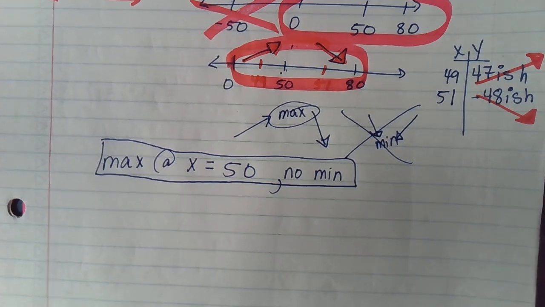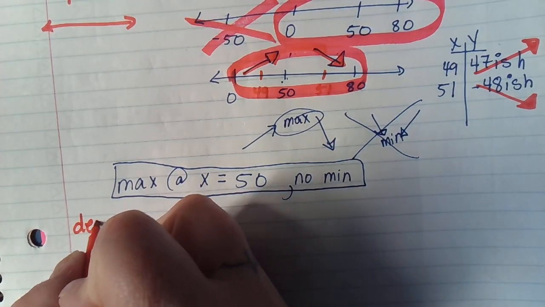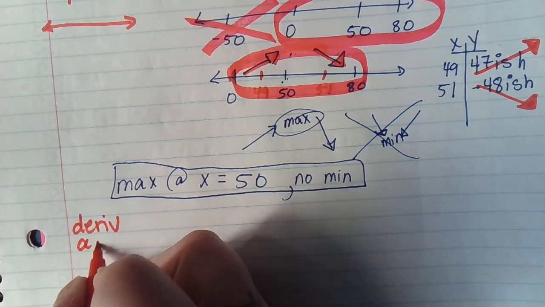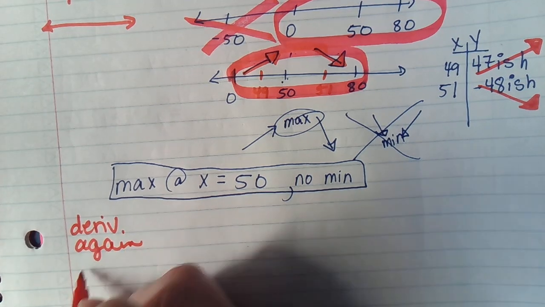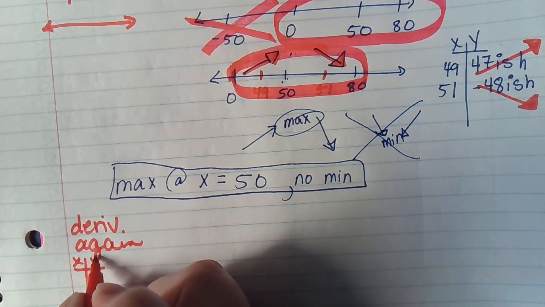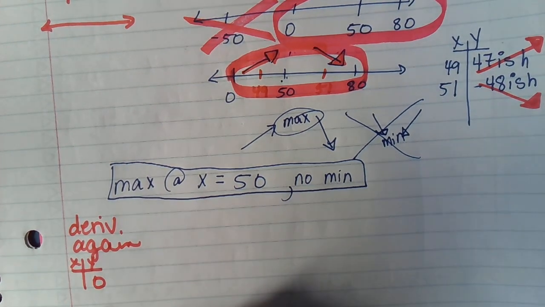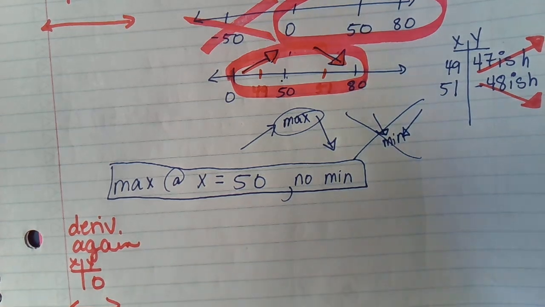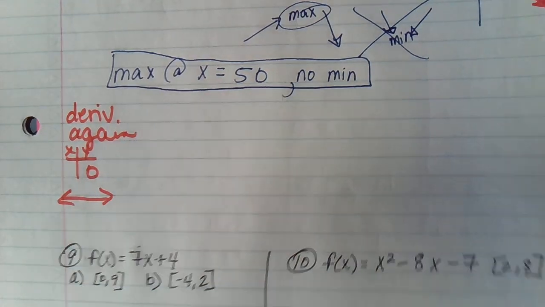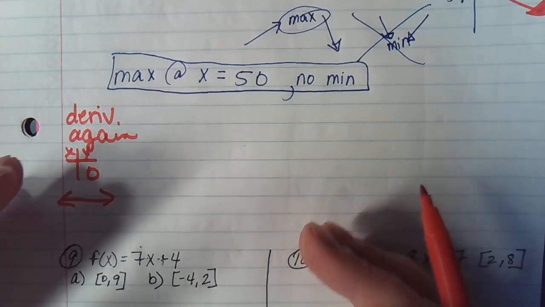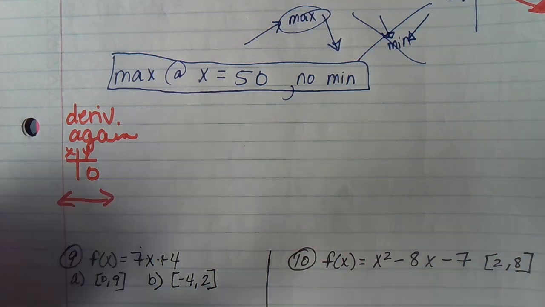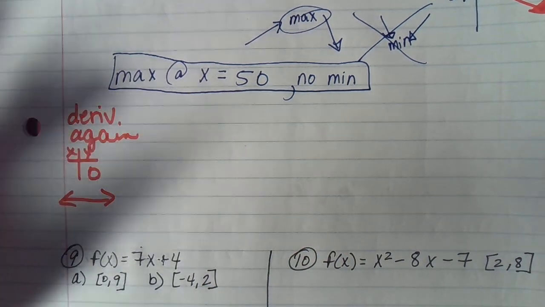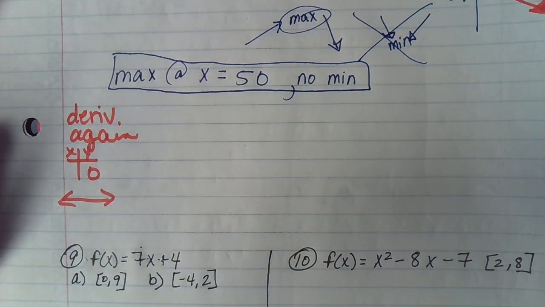So we need the derivative again. And then we're going to look in the t-chart for zeros and the y's, and then we're going to draw our number line. So local extrema and concavity, it's the same process. It's just concavity comes from the second derivative, or doing it again.